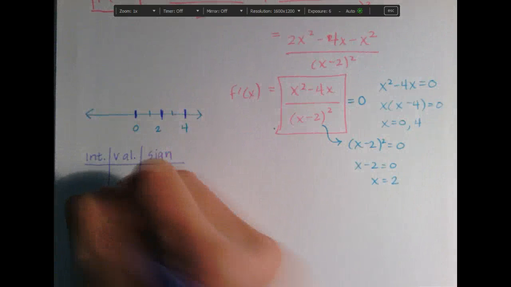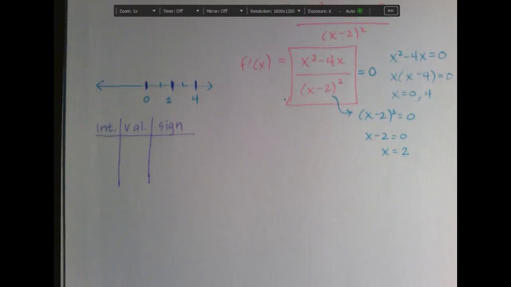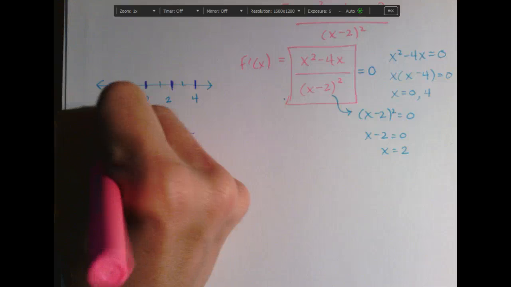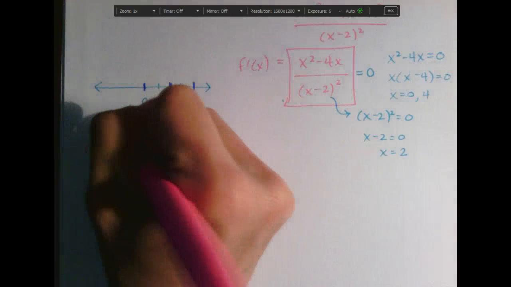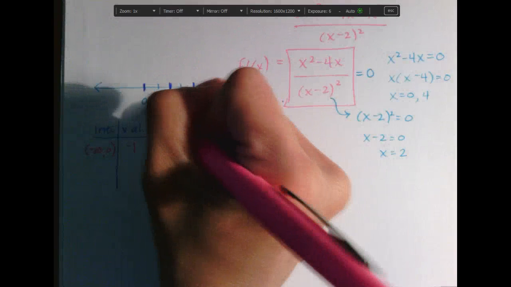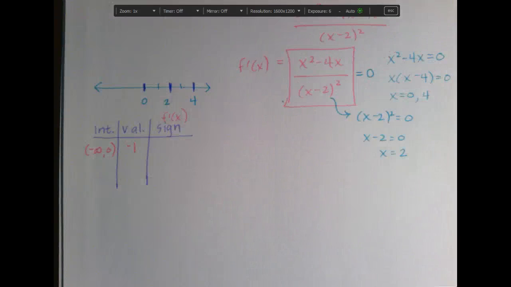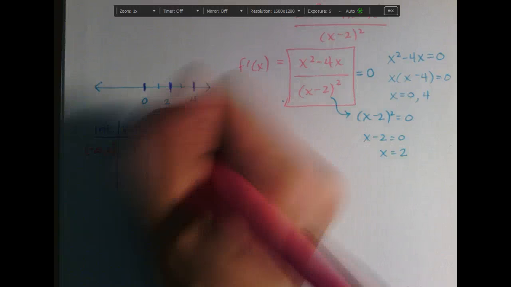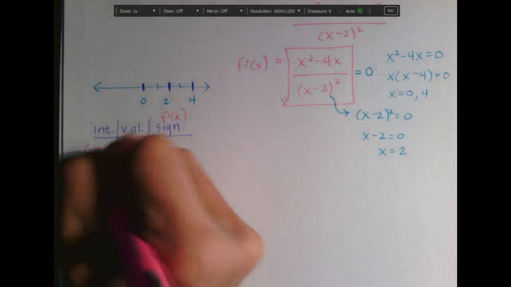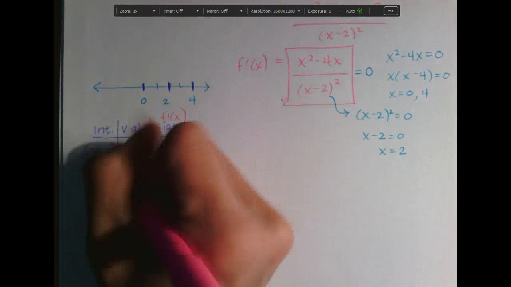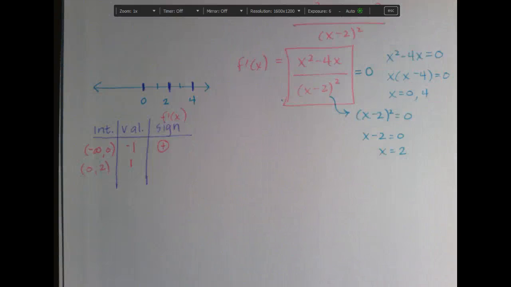Because I have so many intervals, I'm just going to make a quick little table. My first interval goes from negative infinity to 0, and the test value that I'm going to choose there is negative 1. To determine the sign, I need to take that value and plug it into my first derivative. It looks like I should get a positive result there. My second interval goes from 0 to 2, and my test value is going to be positive 1.